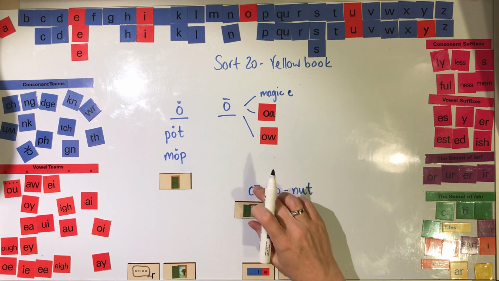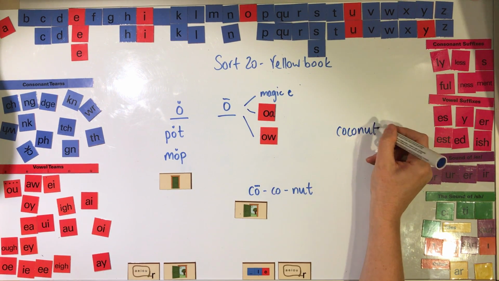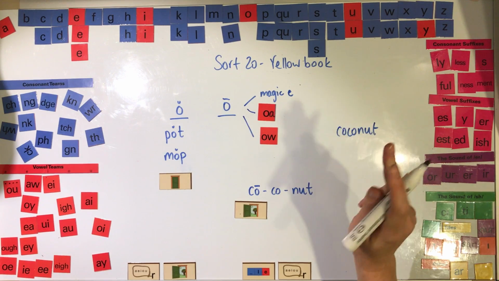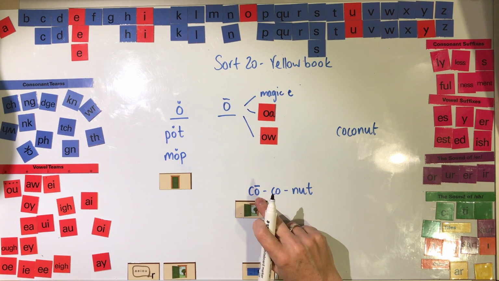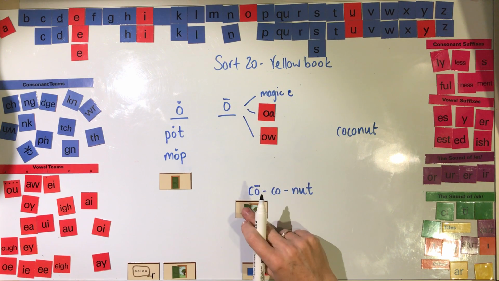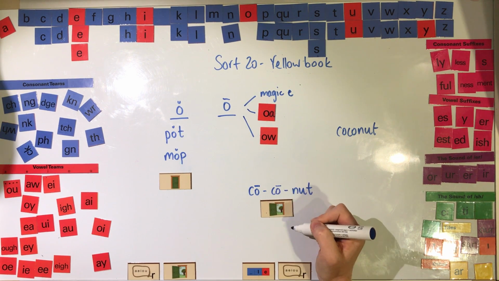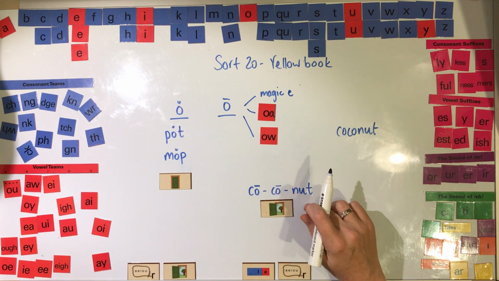It says co. It doesn't say cah. When we look at the word coconut, we don't say cah-co-nut. We say coconut. And the reason why is because when a vowel finishes a syllable, it says its long sound. What about this syllable? The vowel is finishing the syllable, so it says its long sound. Co. What about this syllable?